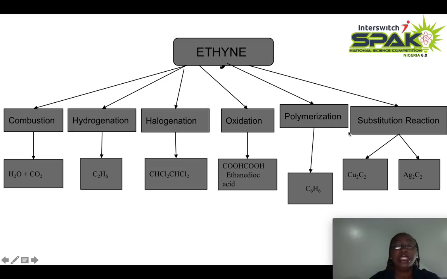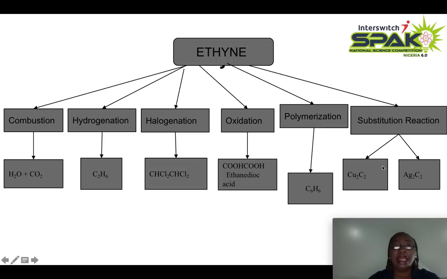But to differentiate an ethyne from ethene, you add copper(I) chloride or silver nitrate, and these are the products. So we have substitution. This is a substitution reaction. Only terminal alkynes undergo substitution reactions with these compounds.